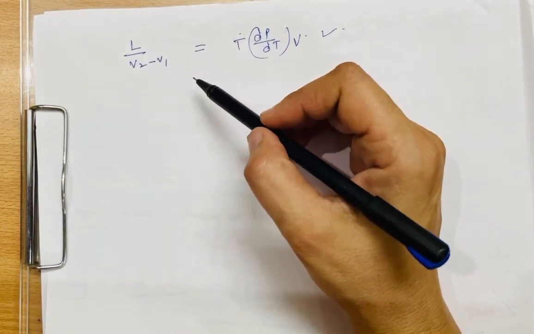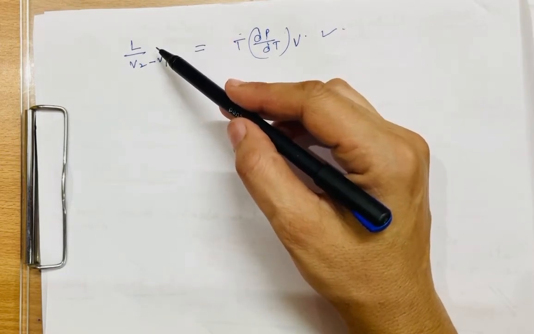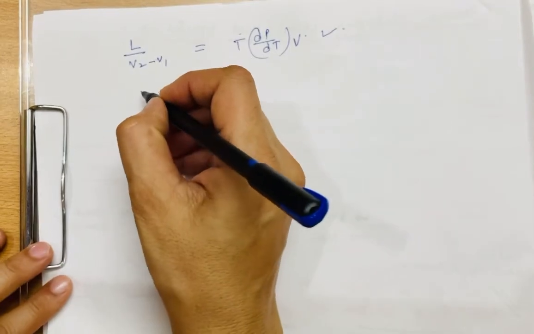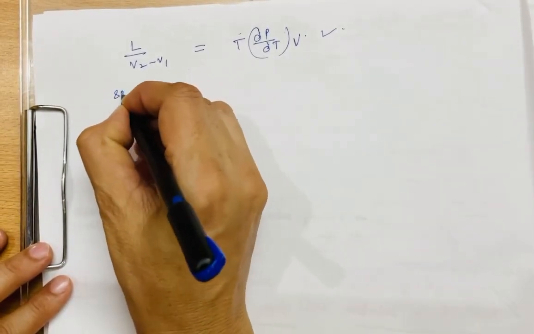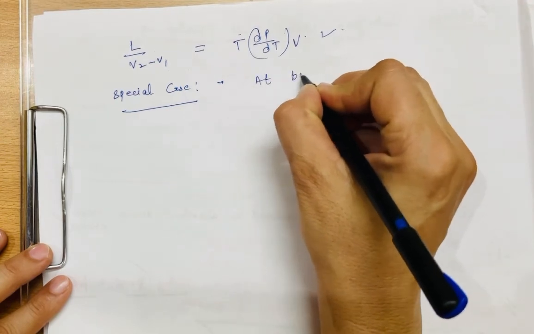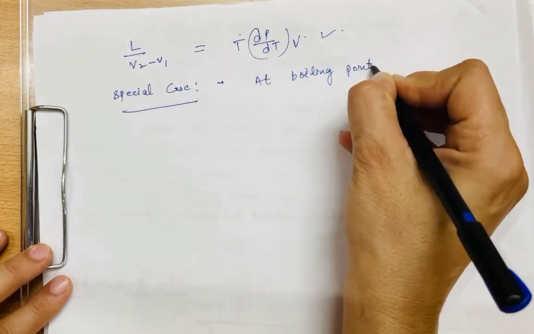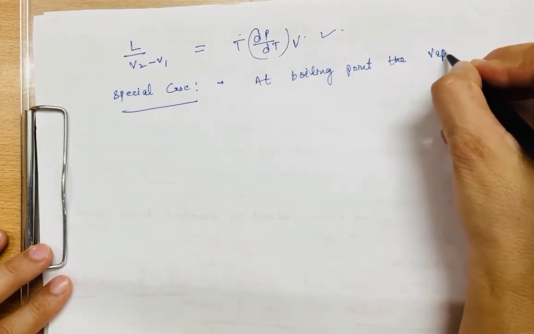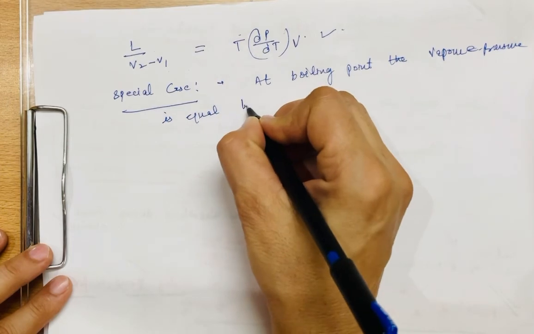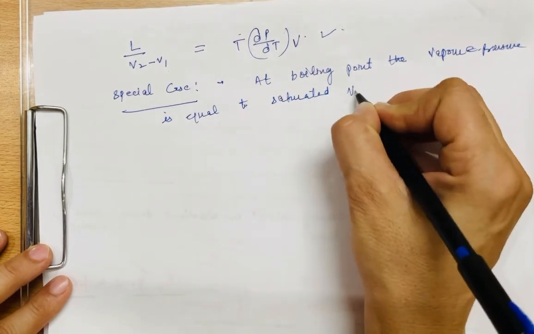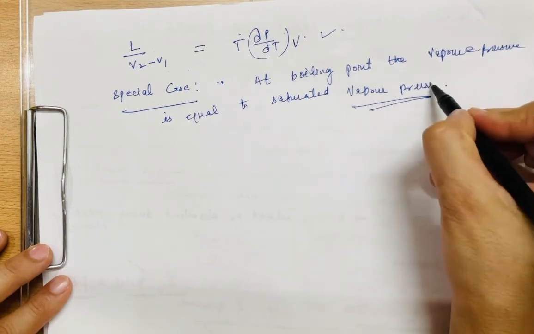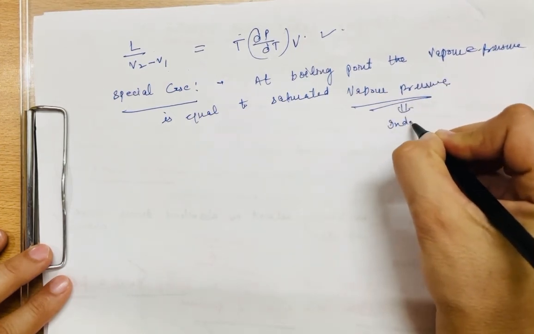Now, a special case: at boiling point, the vapor pressure is equal to the saturated vapor pressure, which is independent of volume.